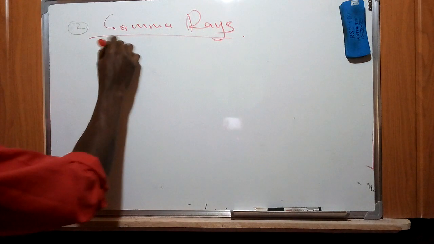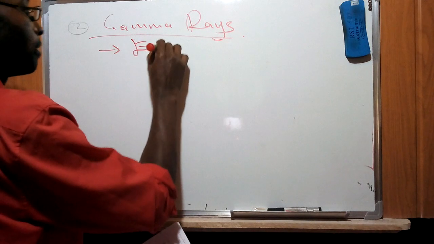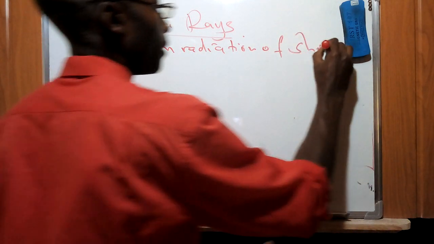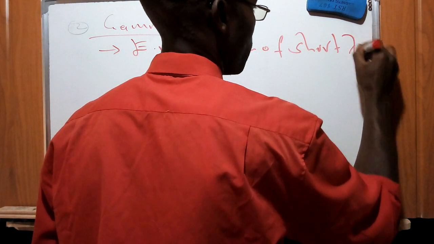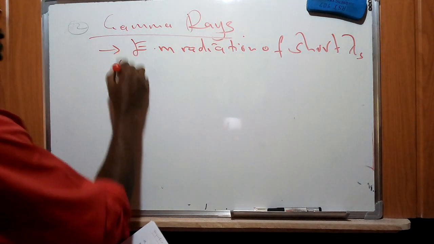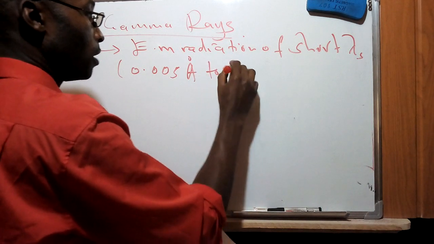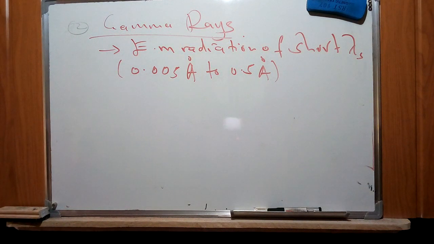The first characteristic for gamma rays is that they are electromagnetic radiations of short wavelength, I'm just going to use lambda for the sake of space, which range between 0.005 angstroms to 0.5 angstroms. Of course, this is times 10 divided by 10 raised to 10; that gives an angstrom compared to a meter.